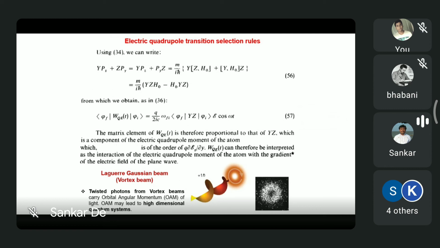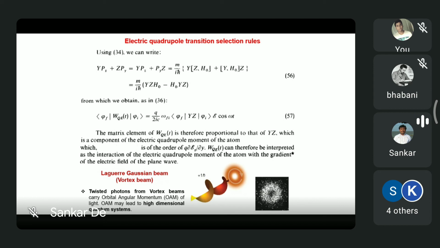Then we can write the entire thing as m by i h bar times (XY H0 minus H0 XY), and H0 YZ. From equation 36 we can get this relationship.